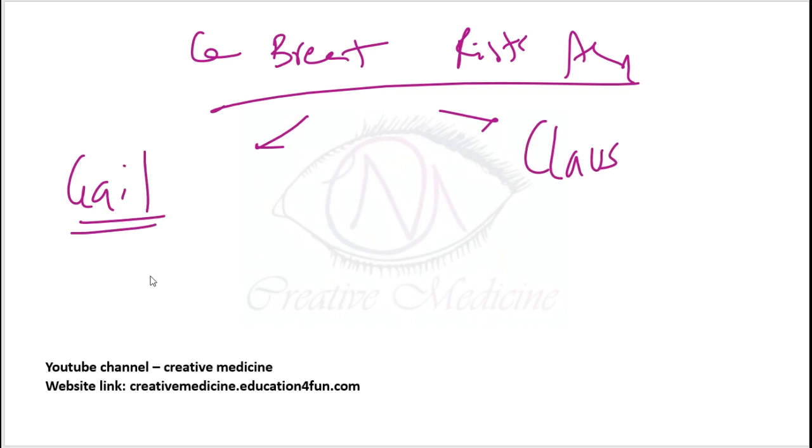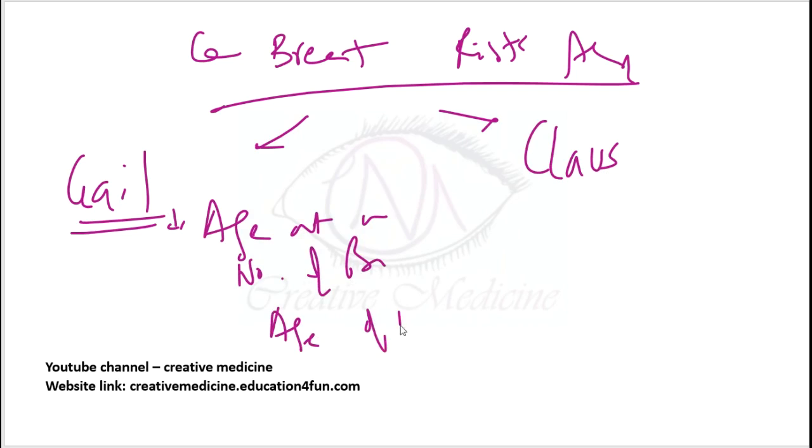The Gail model has four things: age at menarche, number of breast biopsies, age at first live birth, and number of first degree relatives with breast cancer.